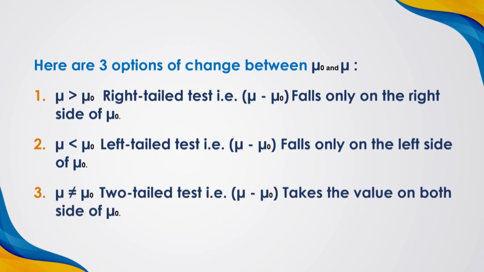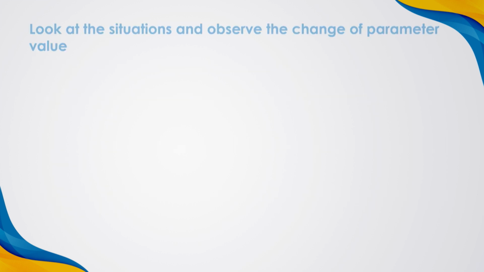The third one is mu is not equal to mu naught. It is called two-tailed test because mu minus mu naught can take either positive value or negative value. Therefore, it can change in negative region as well as positive region. Therefore, it is called two-tailed test.